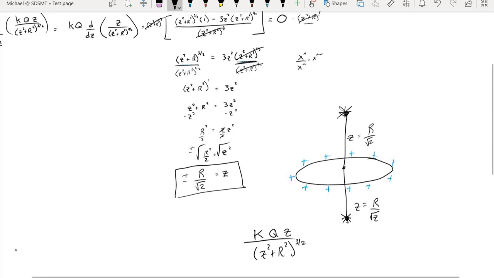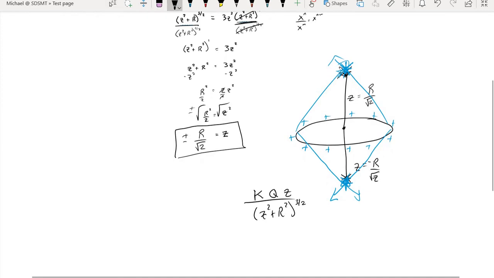And so if we just go in the opposite direction, our electric charges are going to be sending electric field lines in all directions. It just so happened that we were kind of focused on what was happening above the ring. We didn't really consider field lines that were being projected down. But at that same magnitude of displacement, we would see another point in space where we have a maximum field magnitude.